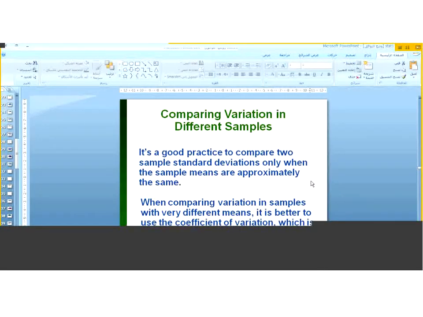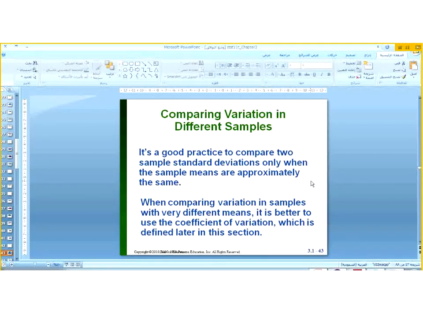So to compare two samples, it's a good idea to use the standard deviation only in one case, when the sample means are approximately the same. If we have the same sample mean, I can use the standard deviation to compare between two samples.